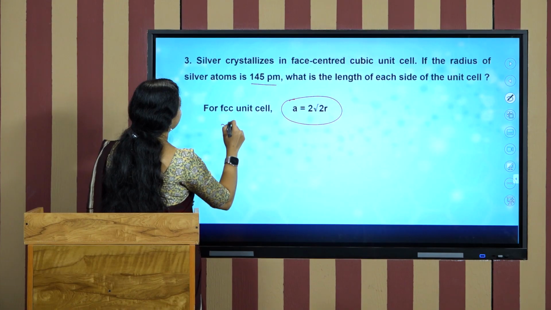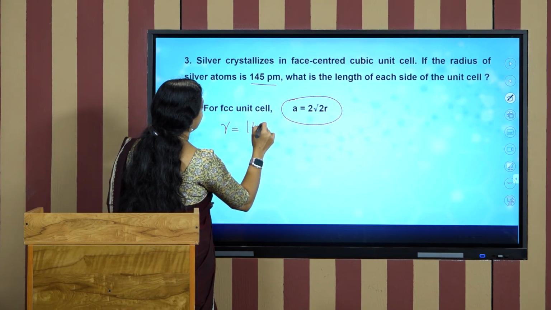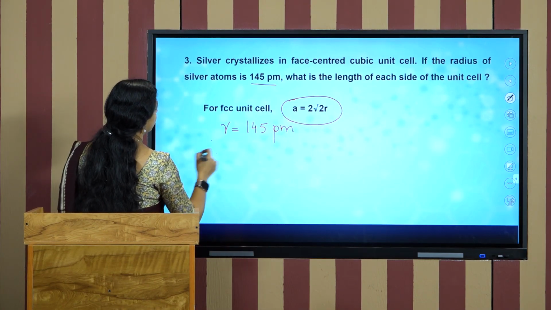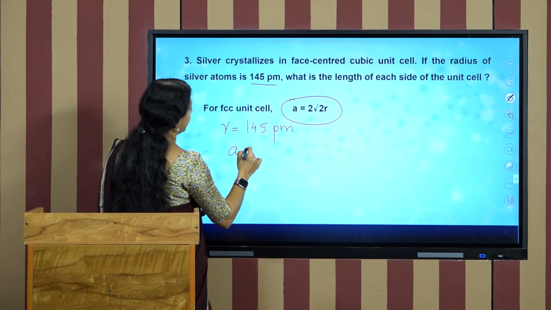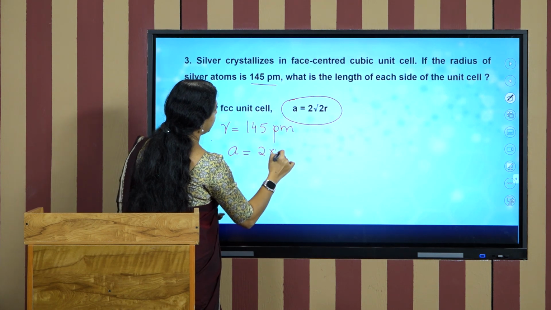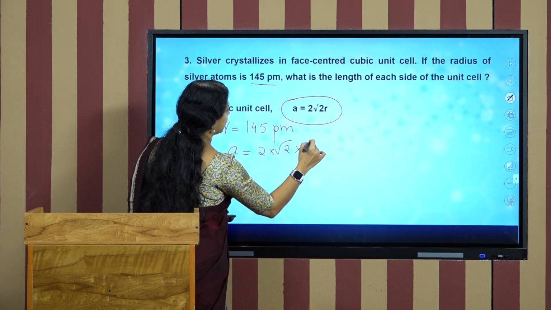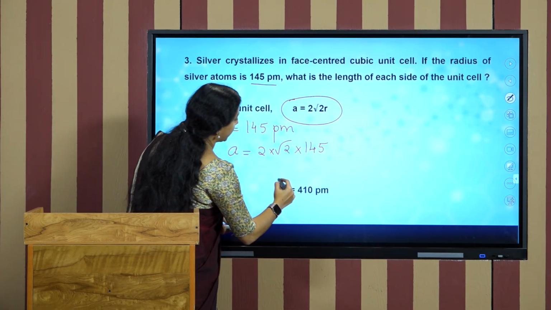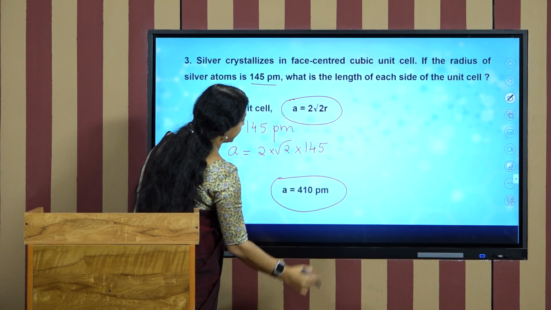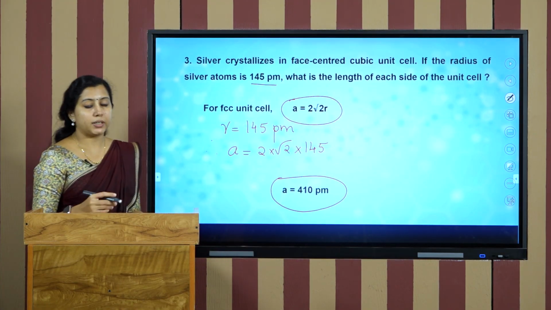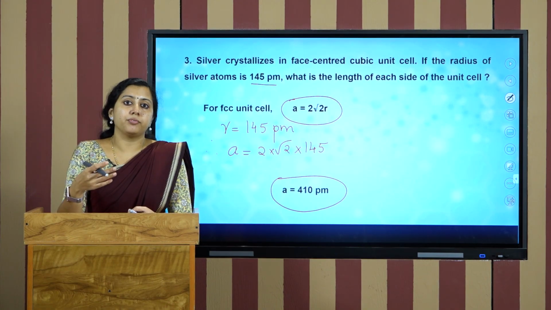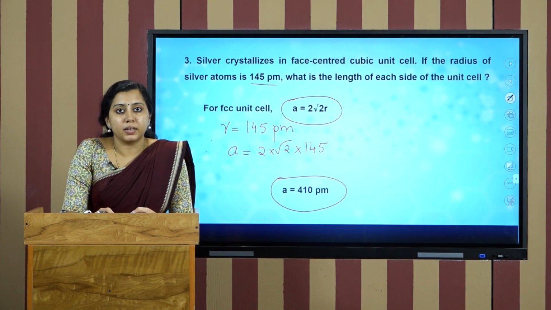The radius is already given, r is equal to 145 picometers. Therefore, we can find out the edge length a is equal to 2 into root 2 into r, r is 145 picometers. So, that will give you the value of the edge length as 410 picometers. So, in a similar way, we can calculate either the edge length if radius is given, or you can calculate the radius of the atom if the edge length is given.